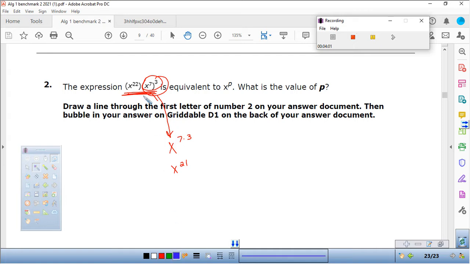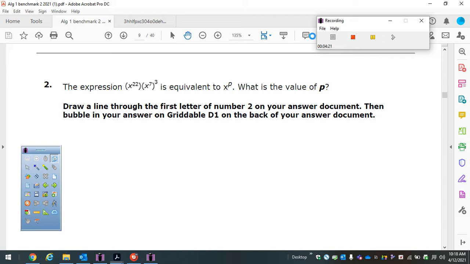But then I also have that times x to the 22nd. When they're next to each other, you add them up. So 22 plus 21 gives me x to the 43. Going once, going twice. Are you lost there?